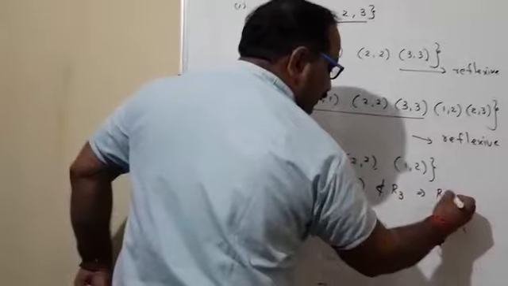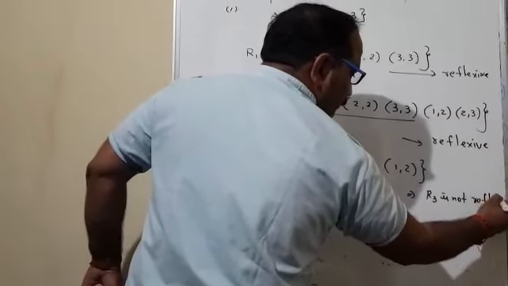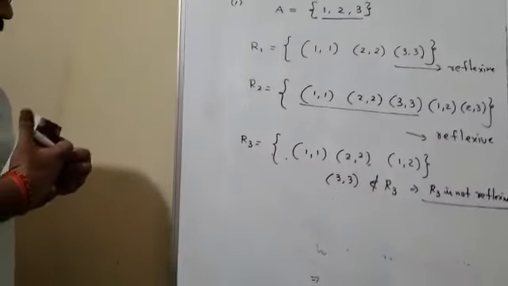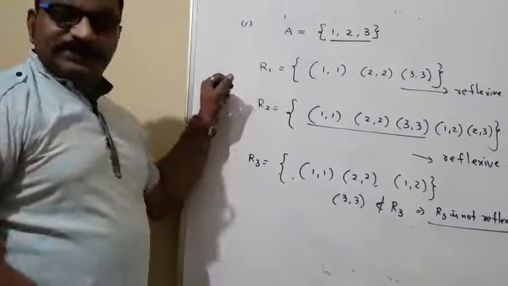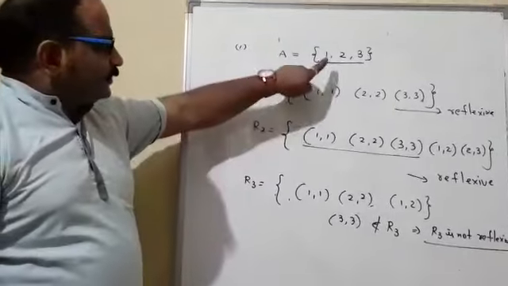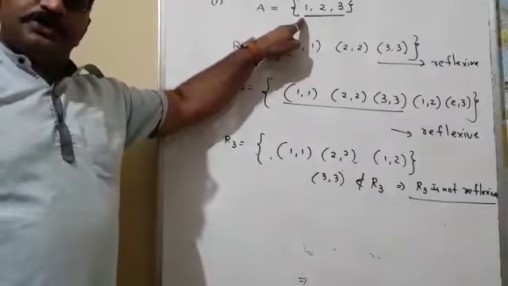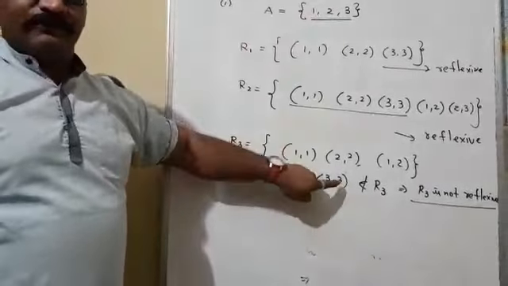This implies R3 is not reflexive. So that is the definition, exemplary. Precisely, in case of the roster form of any set, we have to ensure every element of that set relates to itself.